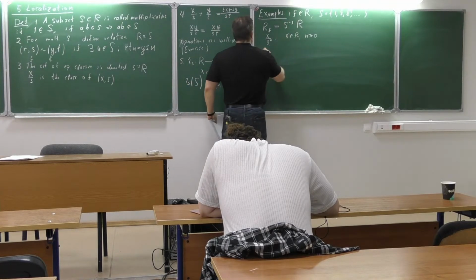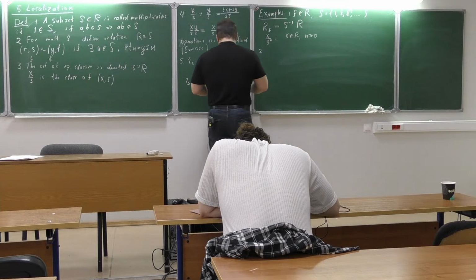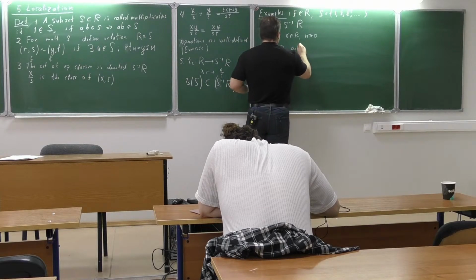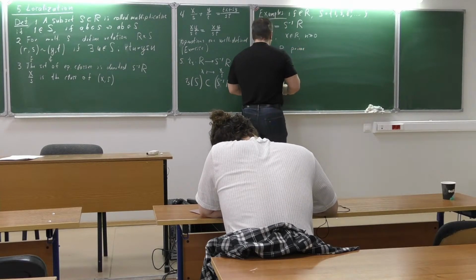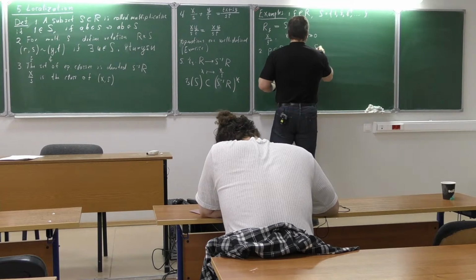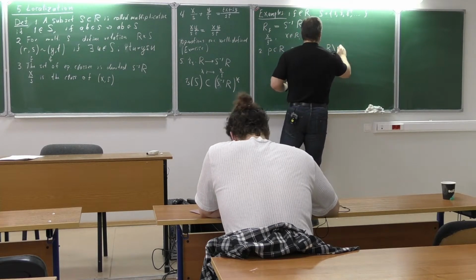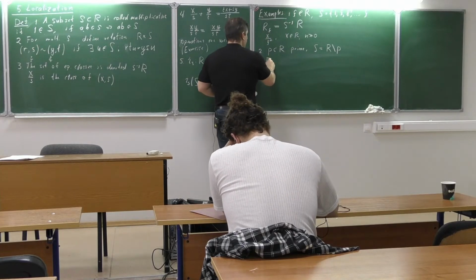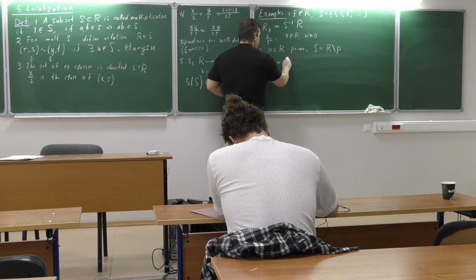So, second useful class of multiplicative sets is the following. You can take a prime ideal, and then immediately from the definition of the prime ideal it follows that the complement of the prime ideal is a multiplicative set. The notation for such a localization is R_P.